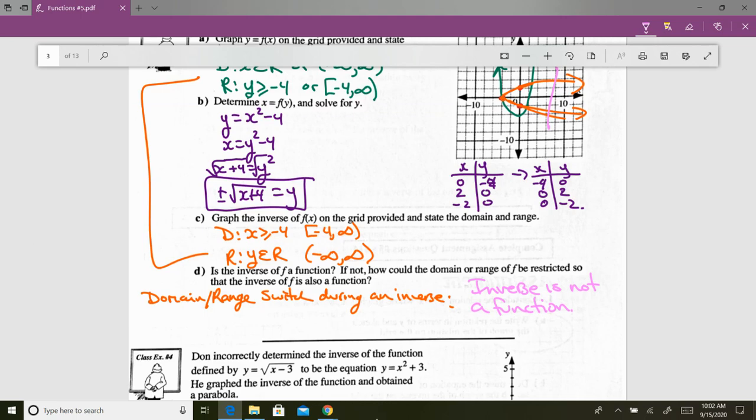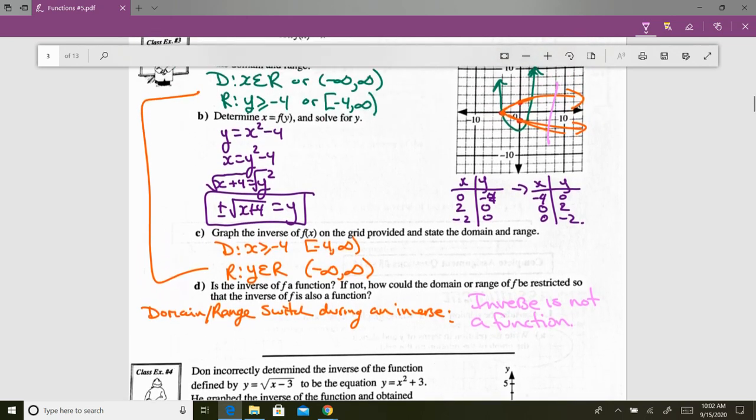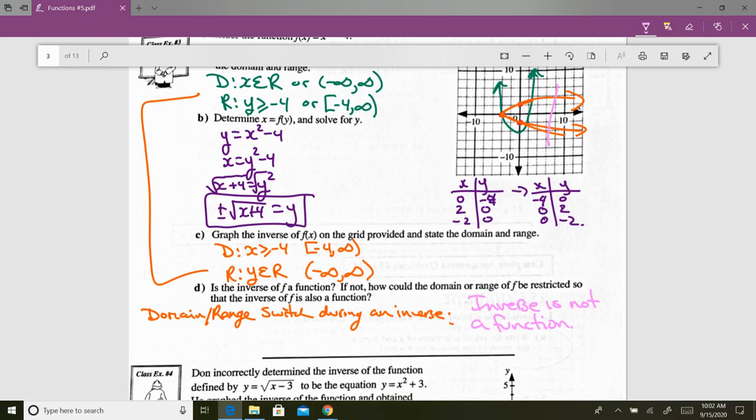And then they're asking, how can you restrict it so that it is a function? What could I do? You'd have to block out either the top bit or the bottom bit, because then you just have this and it only hits it once, or you have this and it only hits it once.